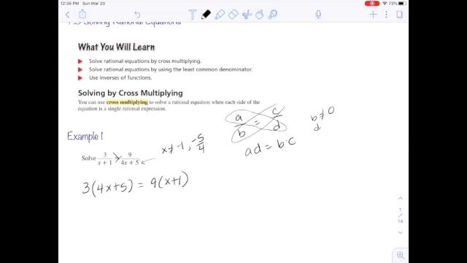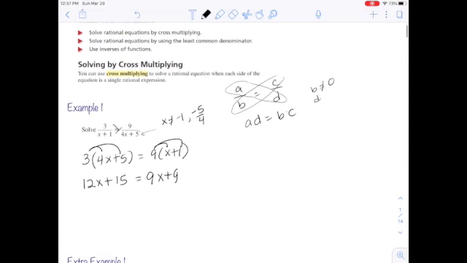So if you get answers of -1 or -5 over 4, you know you have a problem and you have what we call an extraneous solution. And so you would throw that answer out. All right, so getting back to the problem, we have our cross multiplying all set up. So now we distribute. We've got 12x plus 15 is equal to 9x plus 9.